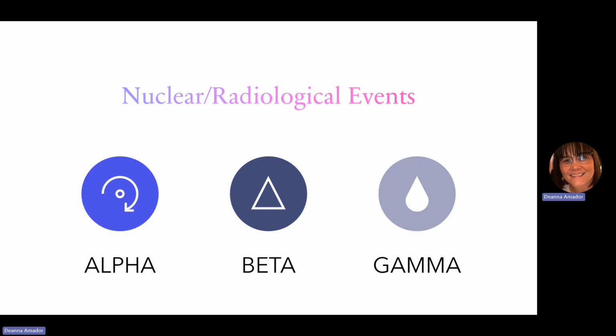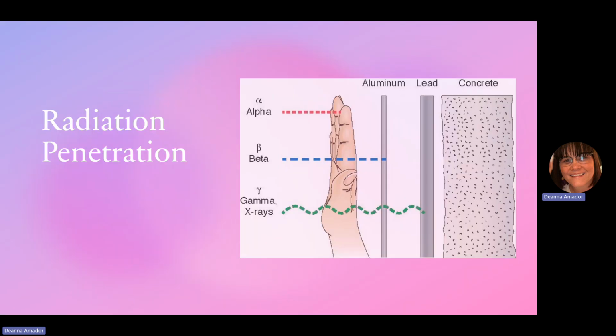And then gamma can penetrate the whole body, is more radioactive and can kill cells, and can deliver radiation doses to the internal organs as well as the skin, resulting in damage. So those are your alpha, beta, and gamma rays.